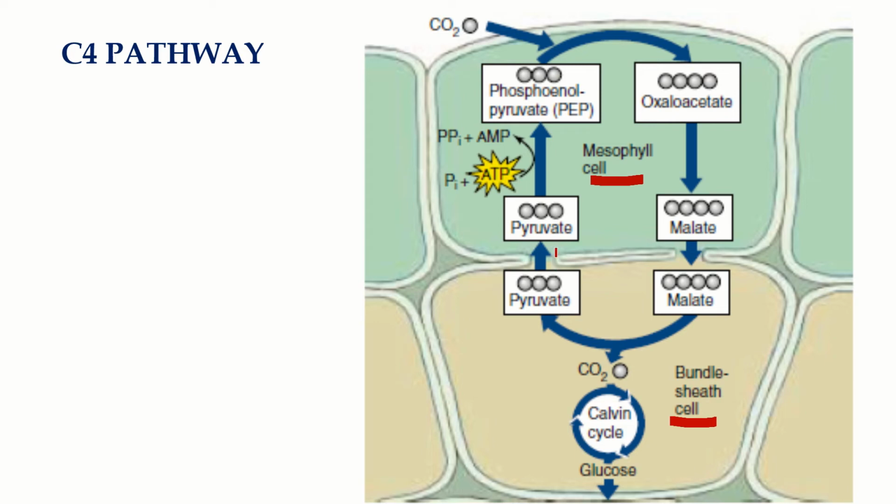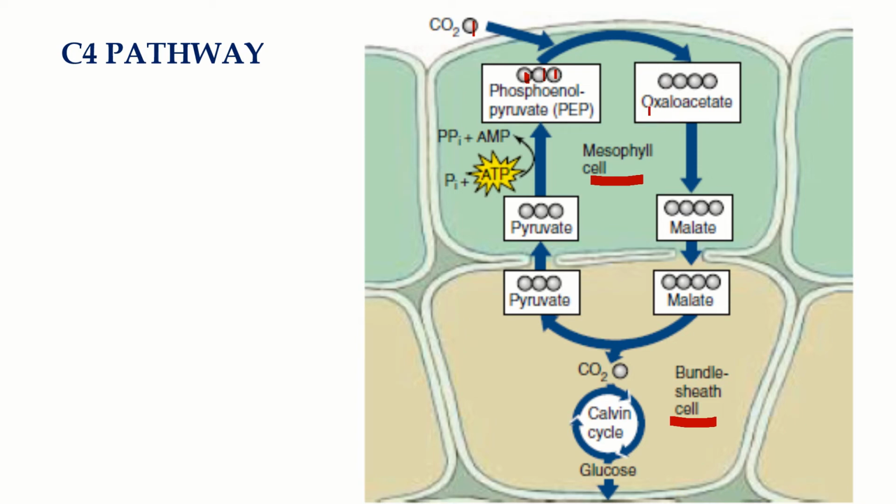So where is carboxylation taking place? You can see here PEP, phosphoenol pyruvate. It is a 3 carbon compound. It is the acceptor of carbon dioxide, not RuBP. So a 3 carbon PEP is accepting carbon dioxide. So 3 carbons here plus 1 carbon here, we get a 4 carbon compound.